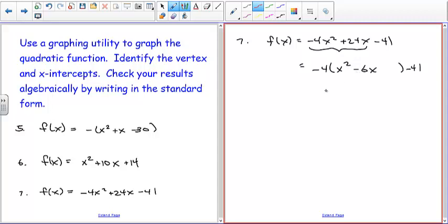So we use completing the square inside the parentheses. Negative 6 divided by 2, squared, is negative 3 squared, which is positive 9. But we're not just adding 9. We're adding 9 in the parentheses, but it's multiplied by negative 4. So we're really subtracting 36, so we have to add 36 at the end here.